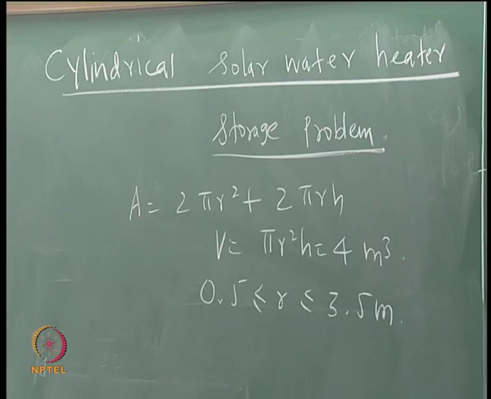So for the cylindrical solar water heater storage problem, how do we give this n? Because I want you to do the same thing as what I have done so that we can compare.